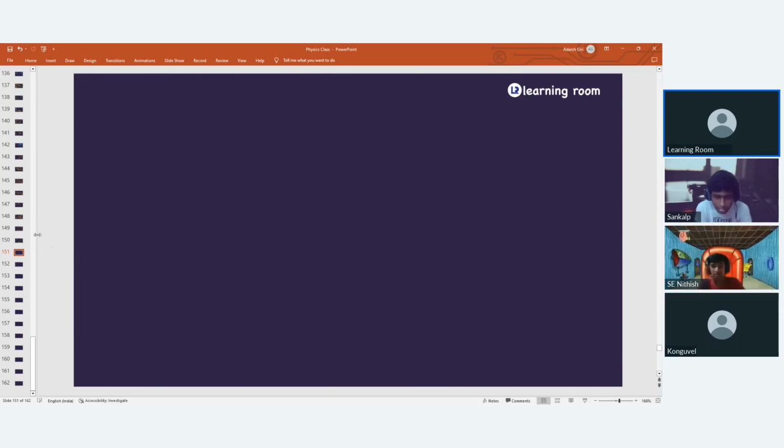Correct. Basically, specific gravity is the ratio of the density of that particular substance to the density of water. And the density of water is just 1 gram per centimeter cube. That's why you were correct.